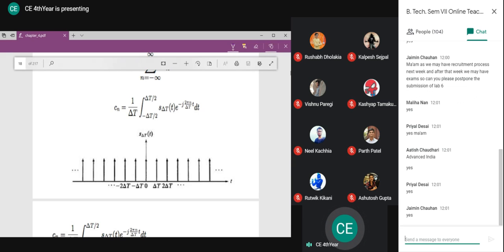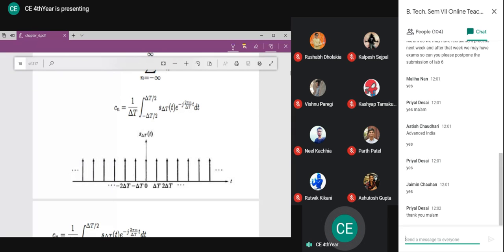So we will keep that. I will extend the deadline. I'm not sure about the date, but after your exam week, I will keep it on Wednesday, so that further assignments can be submitted. But then assignment 6 and 7 deadlines will be nearby, so we just make sure that it will be completed. If you have time, just keep completing it.